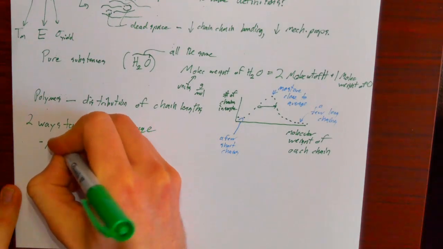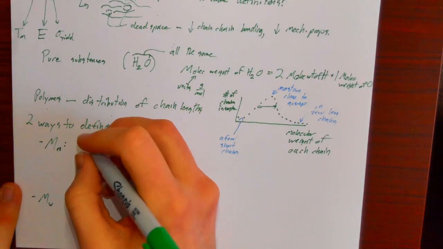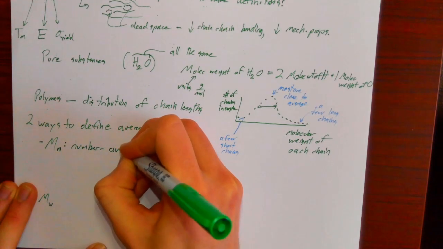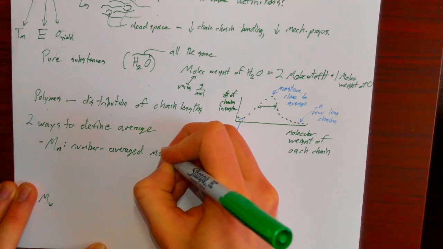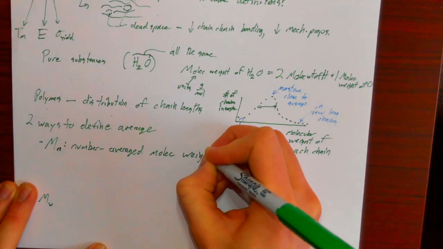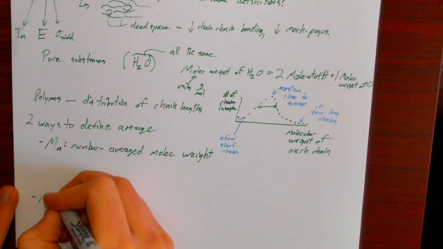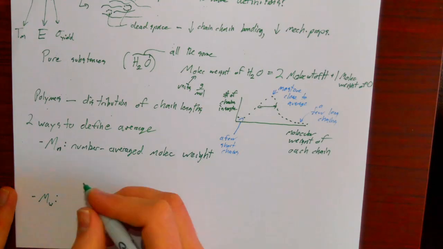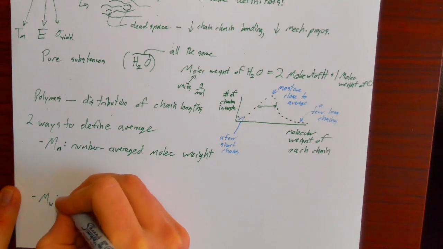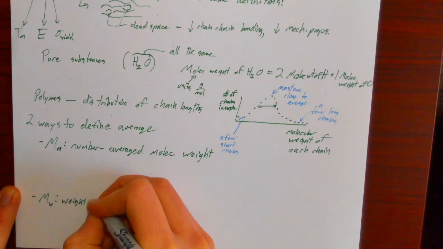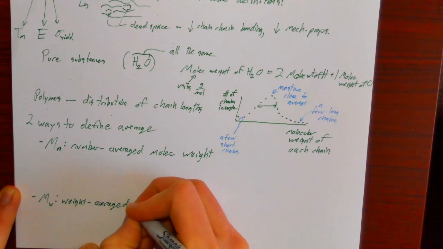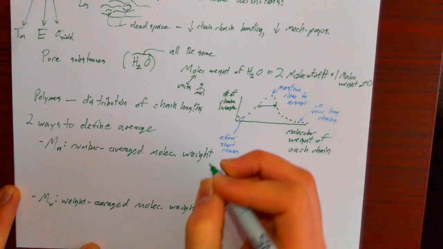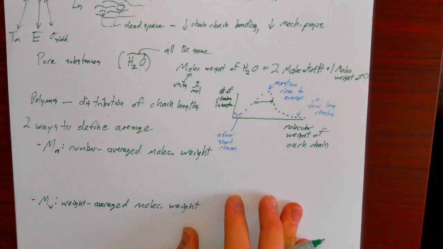M sub n is called the number average molecular weight, and M sub w is what we would typically call the weight average molecular weight.